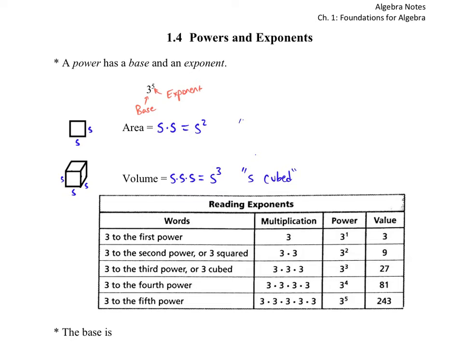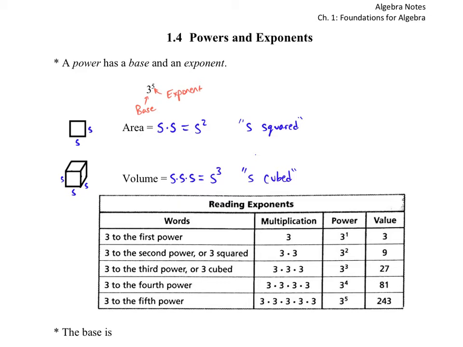And maybe up above I'll write s squared. That's because now going back down to my bottom one, the volume of a cube is given by the side length to the third power, if all the sides are the same length. So that's where these words squared and cubed come from.